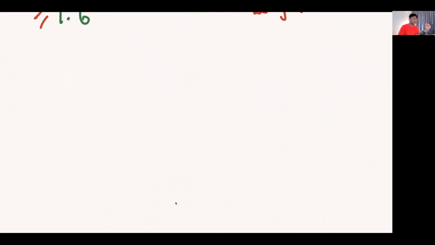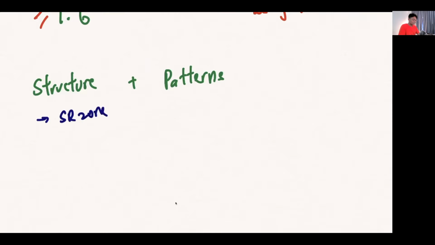High risk rewards ratio is a combination of structure plus patterns. Structure is a powerful confluence. Structure can be SR zone, S&D zone, or even SR flip zone.